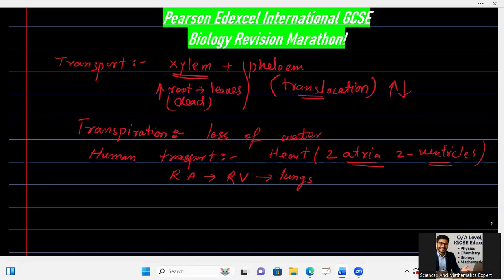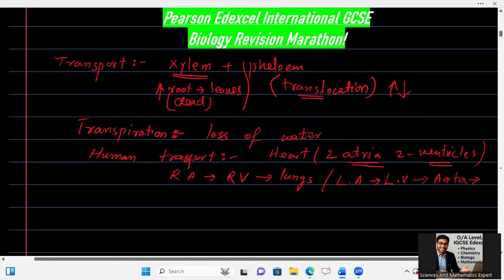This is one circuit, and the other circuit is left atrium to left ventricle to the whole body, through the aorta first, because it is the main artery where blood enters after the heart, and then it enters the body.